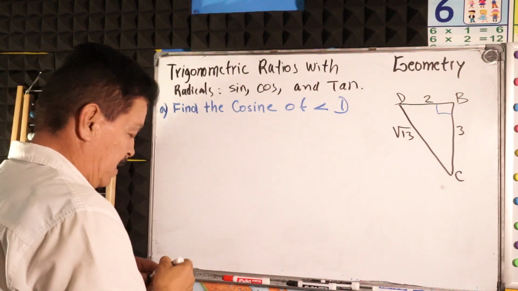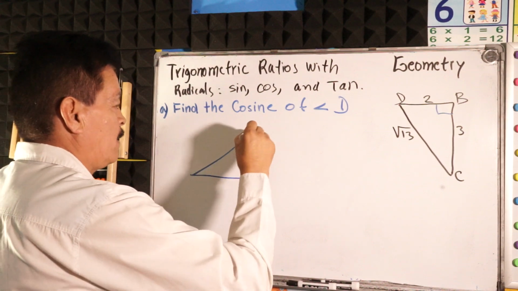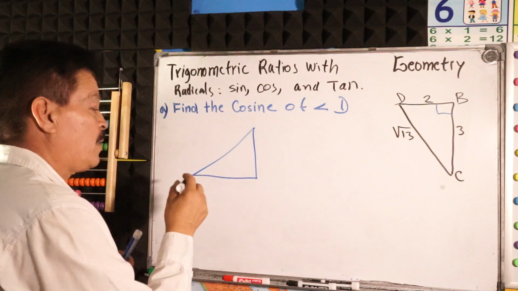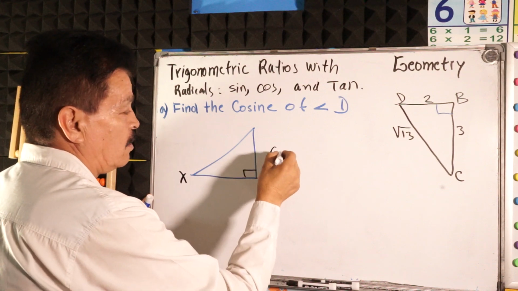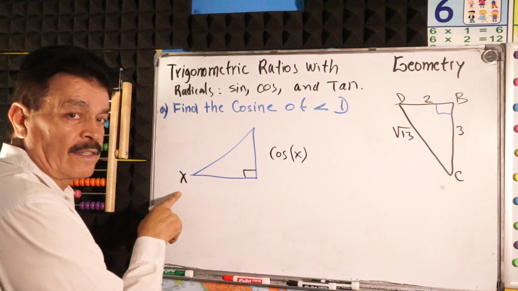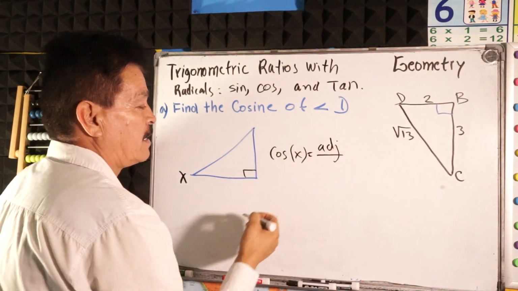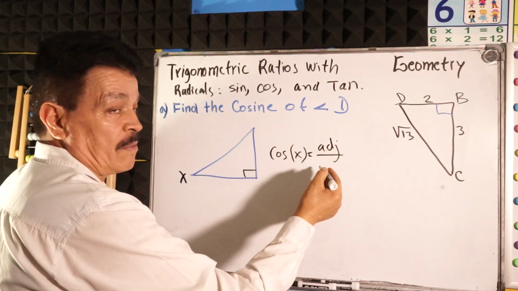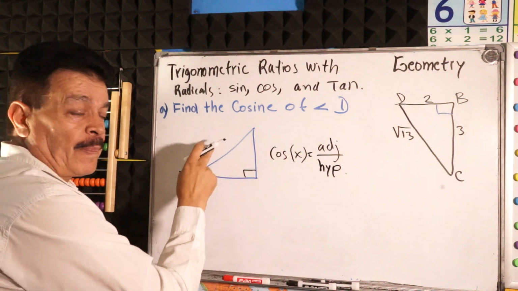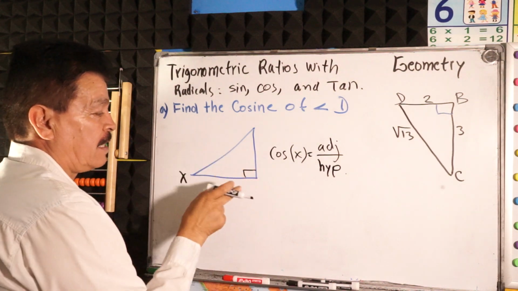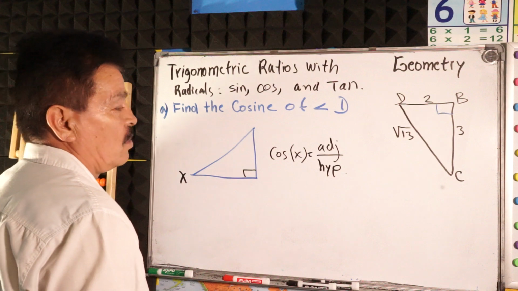If we have a right triangle, for instance this one, with a right angle here, then the definition of cosine is: cos of angle x equals the adjacent side divided by the hypotenuse. The hypotenuse is this side, this is the opposite side, this is the adjacent side, and this is the hypotenuse.